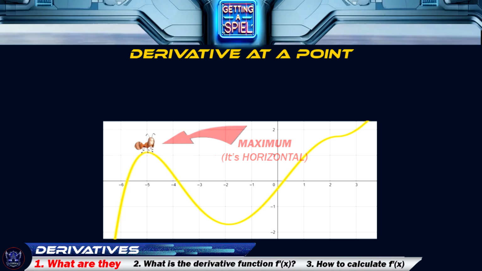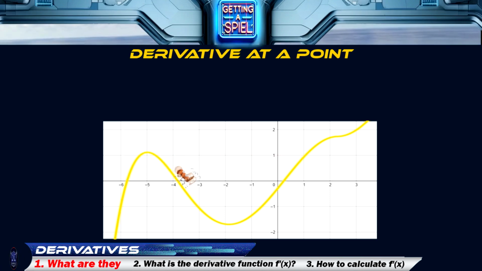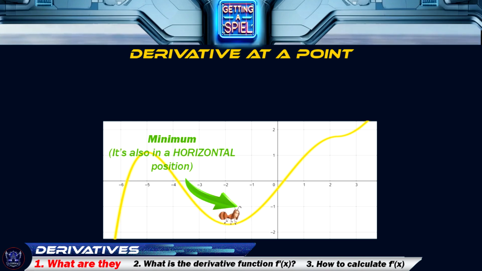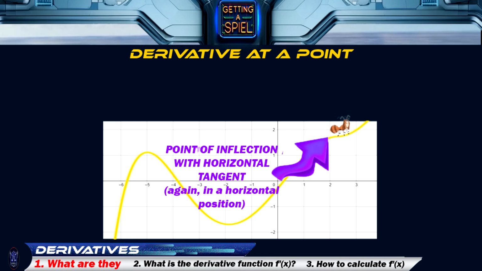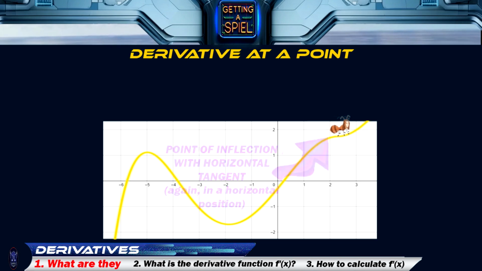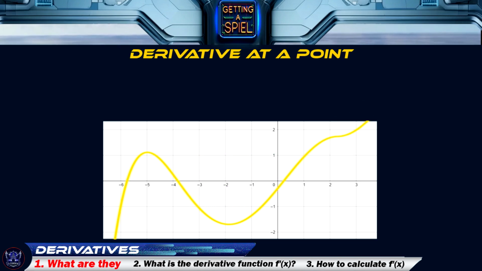It's perfectly horizontal. And then she starts a section of decreasing. Now she's at a minimum, again neither increasing nor decreasing. We see how she starts increasing again and reaches a point where she's perfectly horizontal before continuing to increase. A point like this is called a point of inflection with a horizontal tangent. Then she continues to increase.